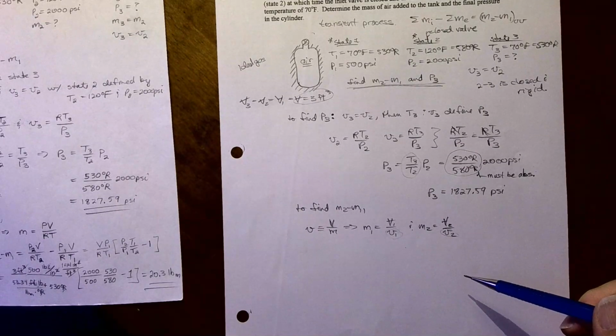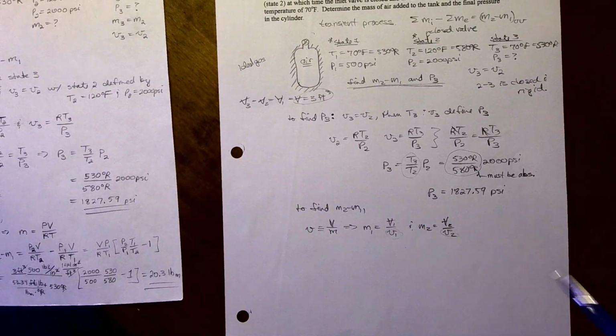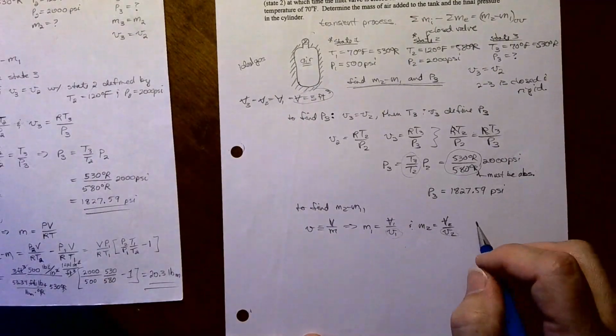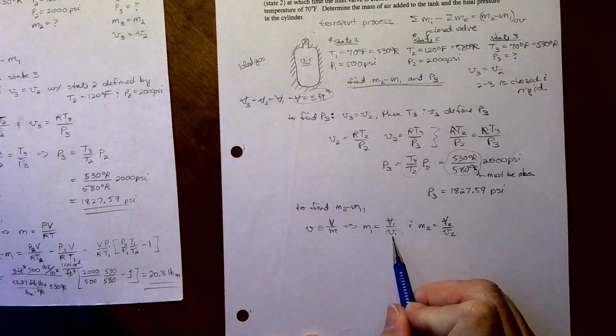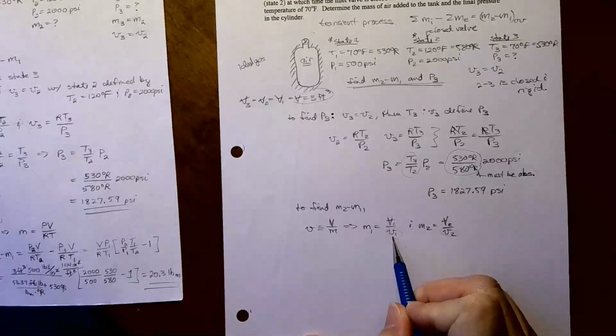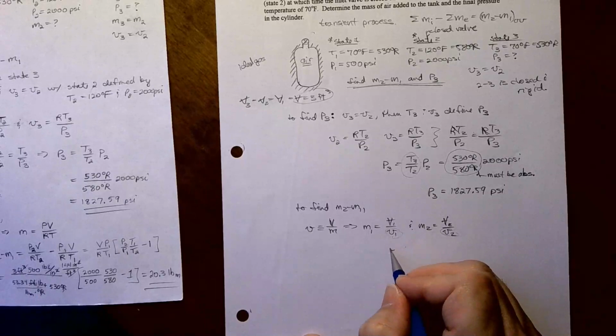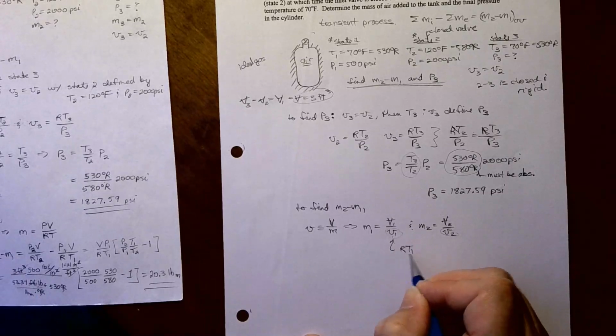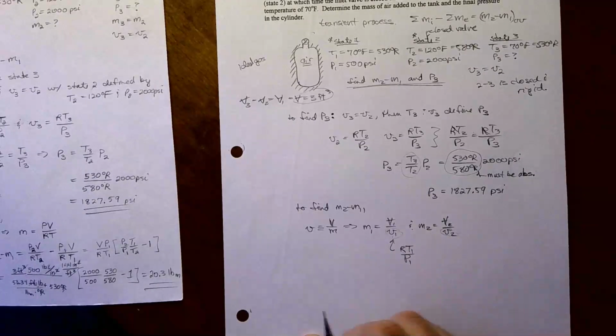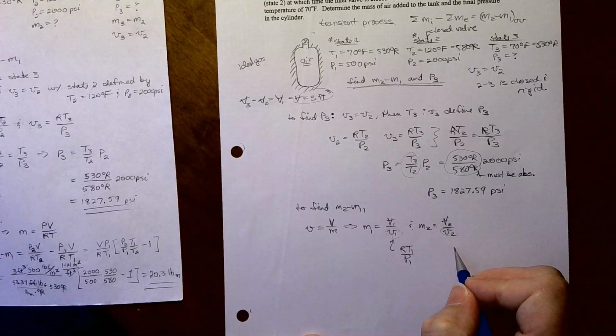Okay, but let's go ahead and make a substitution for those and do as much algebraically as possible before we substitute in numbers. So I'm going to substitute in for that V1. V1 is equal to RT over P. So that V1 right there is RT1 over P1.